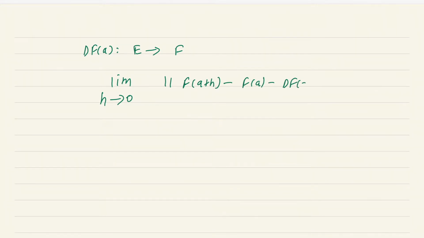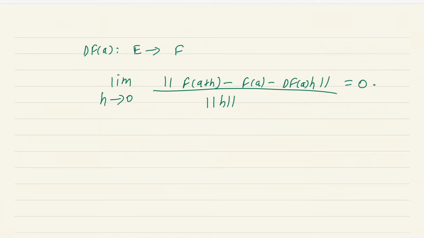So we can also formulate this definition without involving the error term explicitly by saying that f is differentiable if you can find dfa from E to F such that limit h going to 0 of norm of f of a plus h minus f of a minus dfa h divided by norm h is equal to 0.